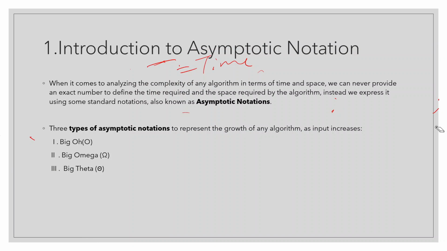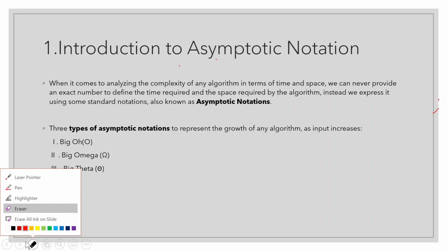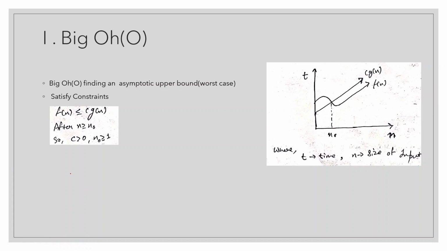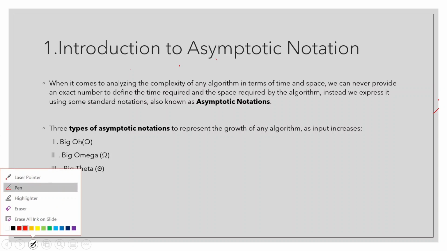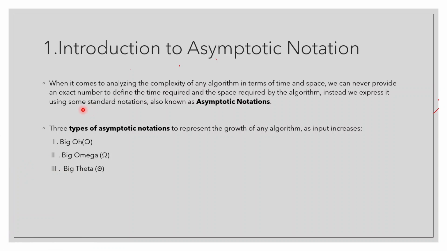When it comes to analyzing the complexity of any algorithm, in terms of time and space, we never provide the exact number to define the time and space required by the algorithm. Instead we express it using some standard notation, and that standard notation is asymptotic notation.